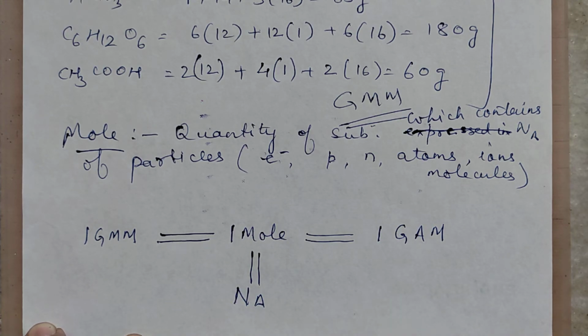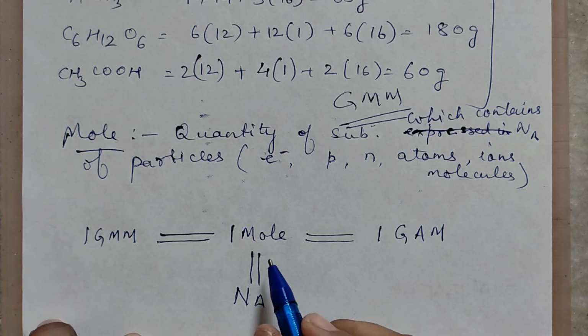For example, if I say dozen, what comes to your mind? 12. If I am saying 12 apples, 12 bananas, 12 potatoes, it means I am saying 1 dozen. If I tell you to buy 1 mole of banana, you are going to buy Avogadro number of bananas. Avogadro number of anything is 1 mole.